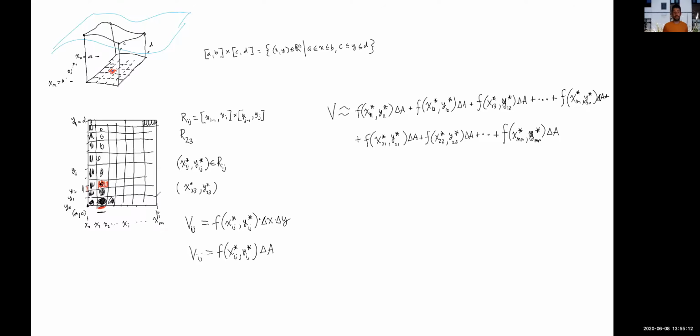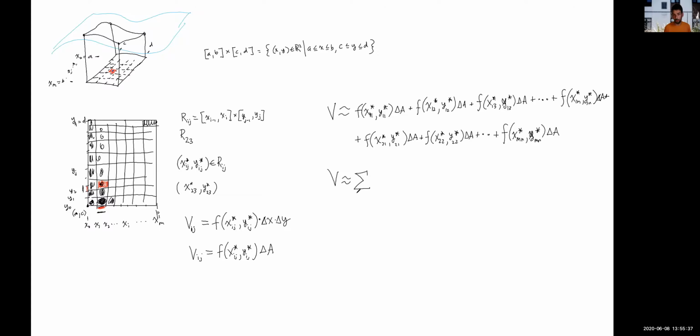Okay. Now, this is of course a very ugly thing to write down. Notice we're adding a whole bunch of things, so we can use summation notation. The problem is now we've got two indices changing, so we're going to need two sums.